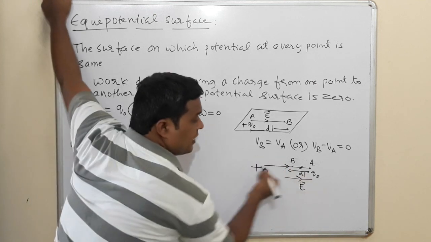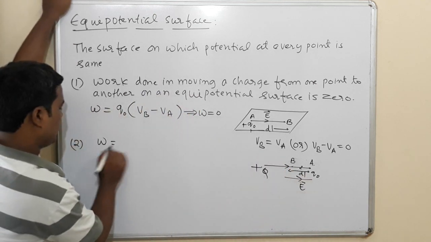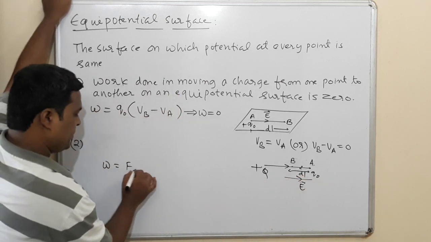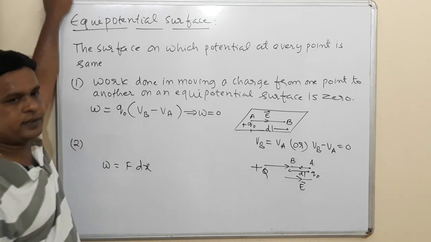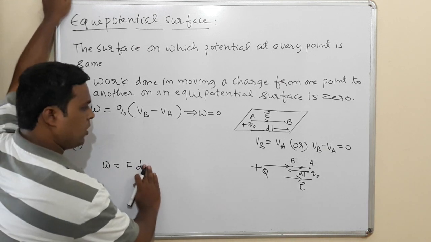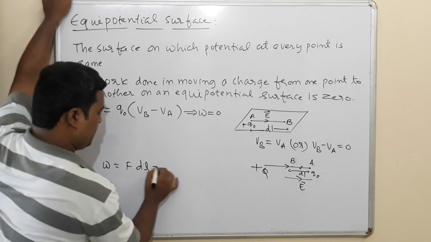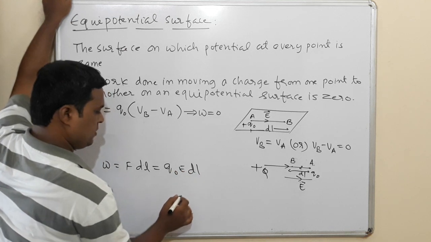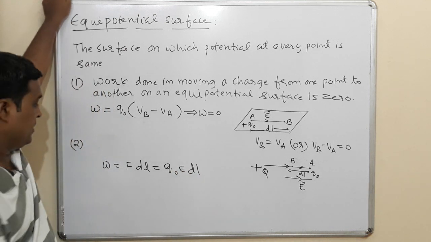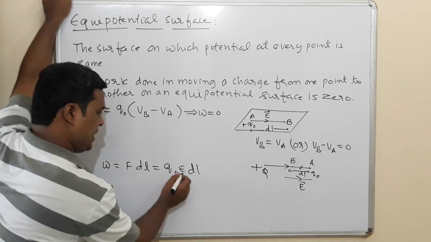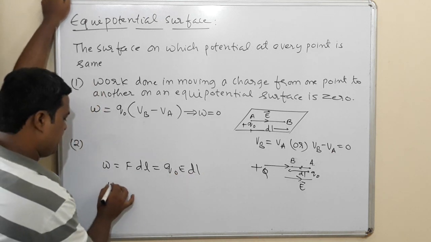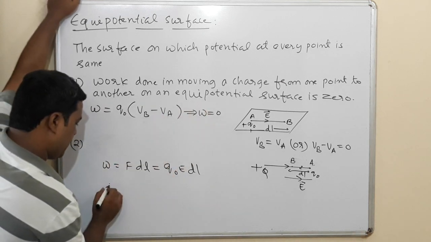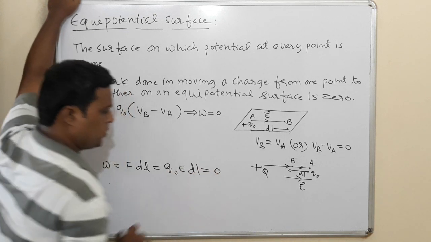Then what is the work done formula? Work done is equal to the force that I am applying multiplied by dl. The force is Q naught into E, so work done is Q naught into E into dl. From the first point we studied, work done is 0. If W is equal to 0, then this will be 0.